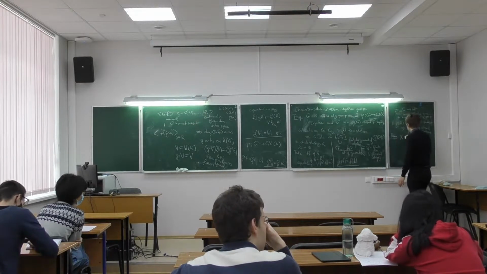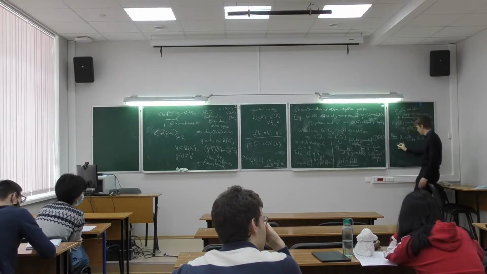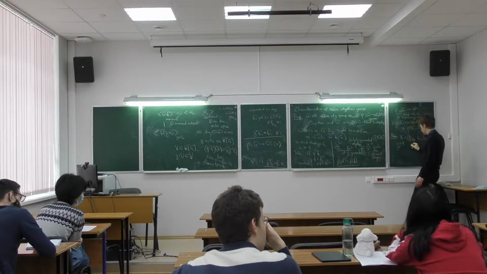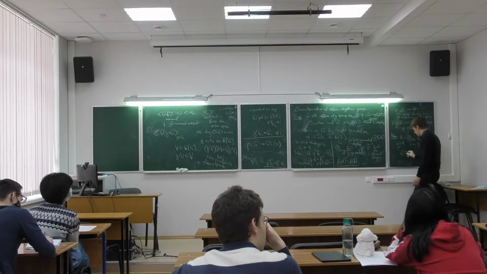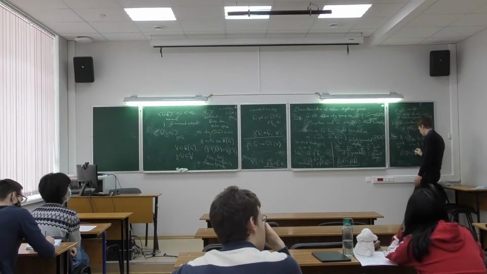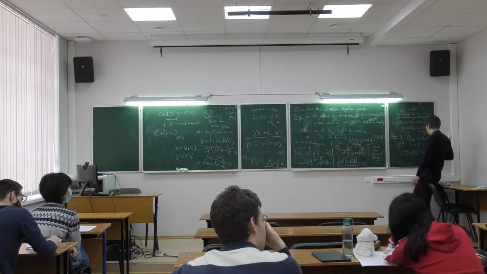So if X is affine, to check that the points x and y of X are equal is equivalent to checking that f(x) is equal to f(y) for any f inside K[X].